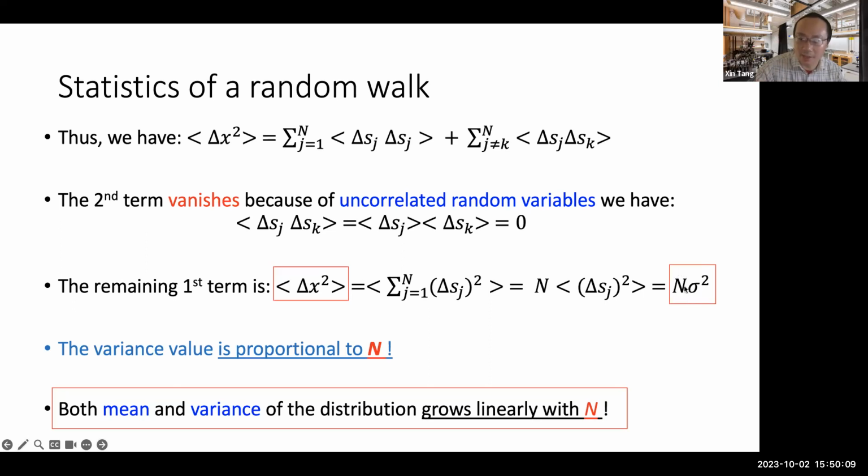How many steps you take, times each step's variance, equals the final distribution's variance. So in one sentence, variance is proportional to n. Then you combine with previous slides, you will know that both mean and variance of a distribution that consists of n steps together grow linearly with the n number.